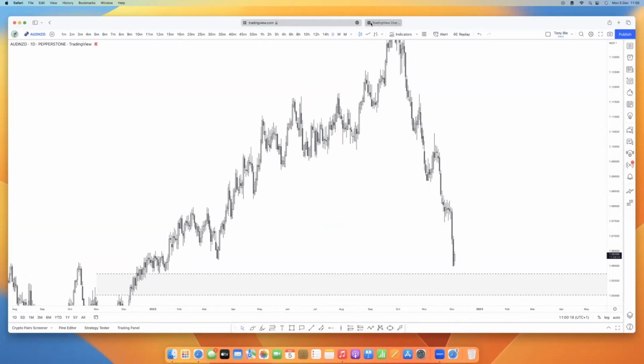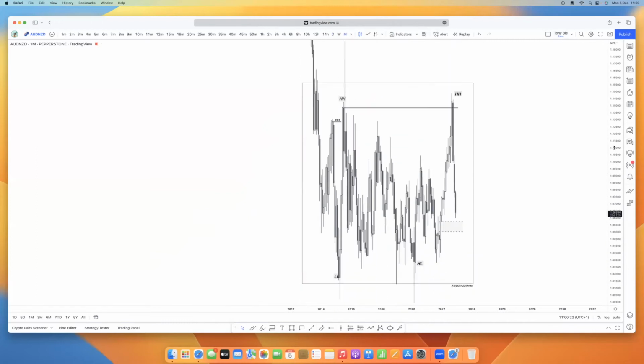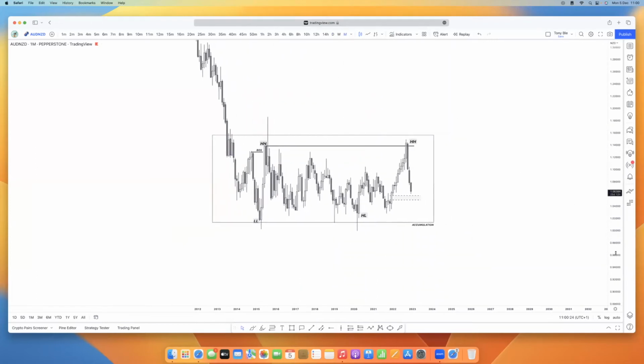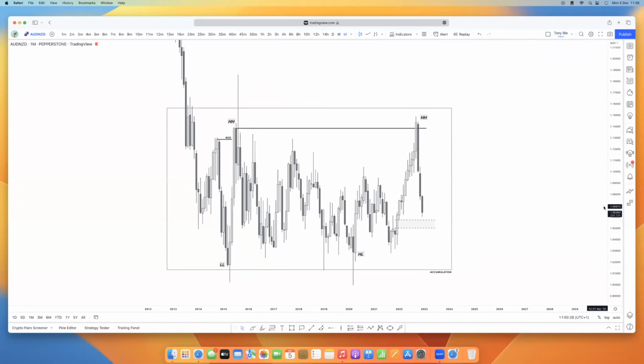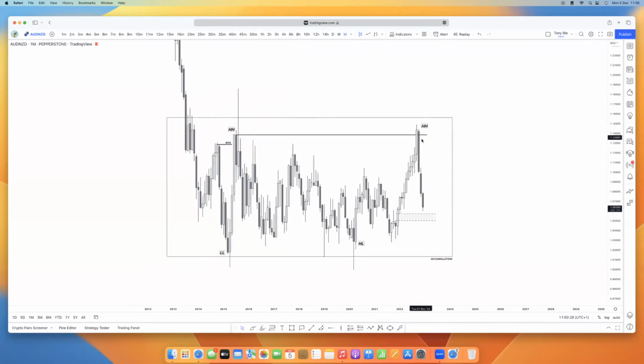Okay, and if we go up to the monthly time frame scale, we can see that price gave us a new higher high, and it's now coming to give us a higher low potentially, because that's not established yet. In terms of the structure, we had this low, this high, this low, and then we had a higher high in this area.